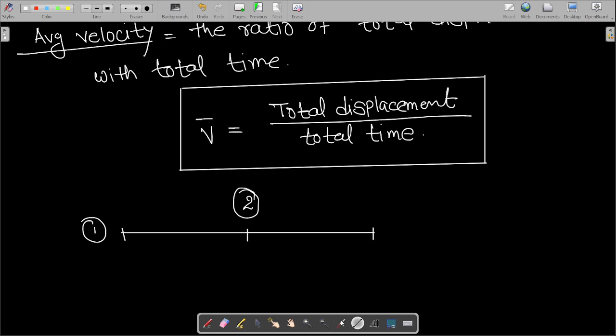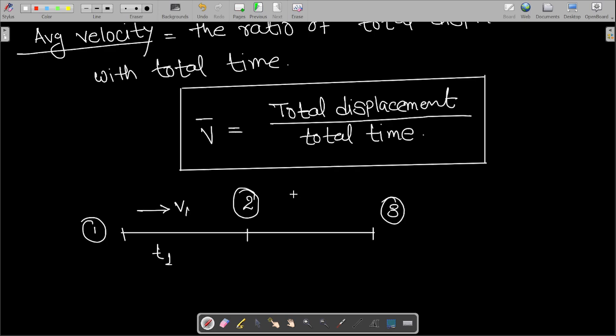Between region 1 and 2, the velocity of the object, let's say v1, and time taken to cover the distance between 1 and 2 will be t1.